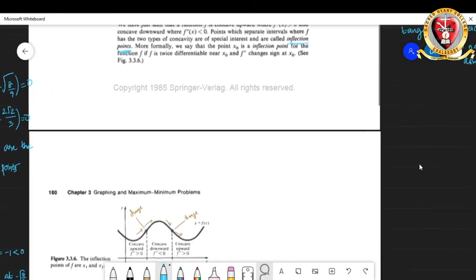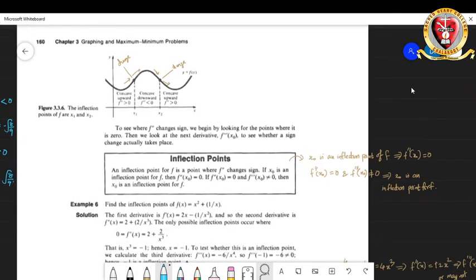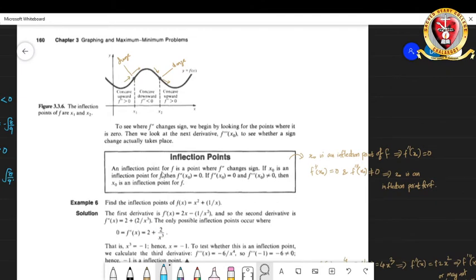Or to officially define an inflection point, we can say that an inflection point for a function f is a point where f double dash changes sign. Or if x naught is an inflection point for f, that will imply f double dash of x naught is equal to 0. Or if f double dash of x naught is equal to 0 and f triple dash of x naught is not equal to 0, then x naught is an inflection point for f.